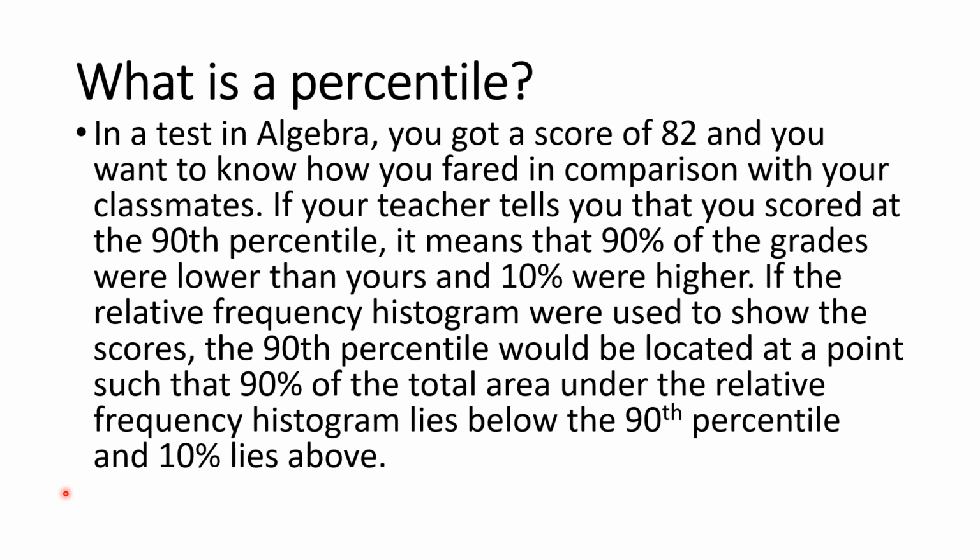If the relative frequency histogram were used to show the scores, the 90th percentile would be located at a point such that 90% of the total area under the histogram lies below it and 10% lies above. If your teacher says you scored at the 99th percentile, it means you are above 99% of your classmates. That is the use of percentile.